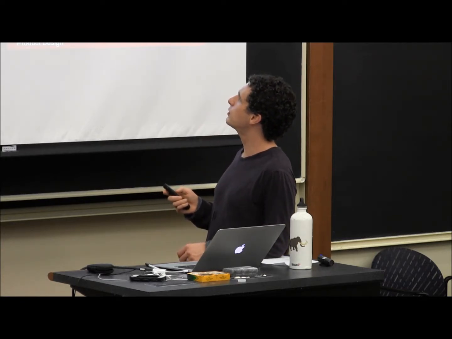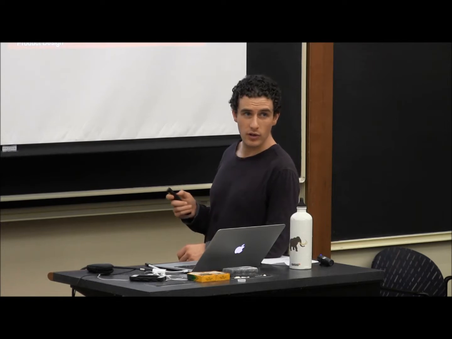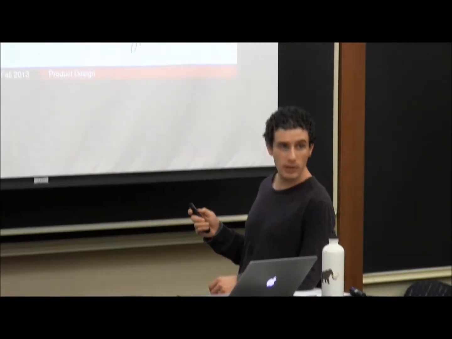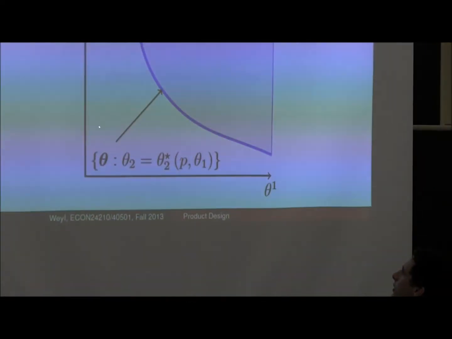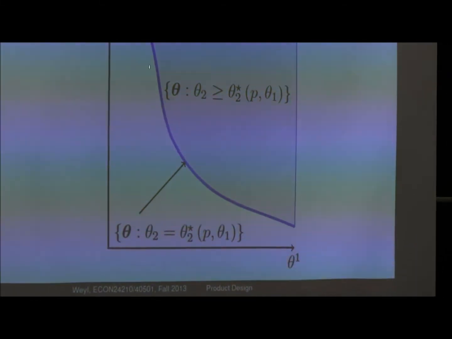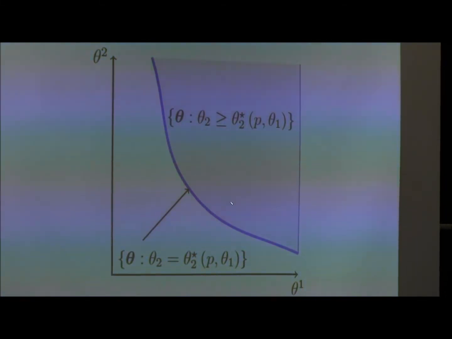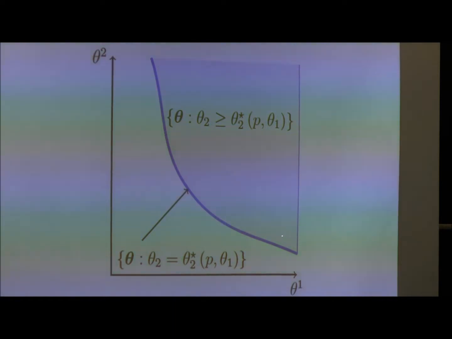So let me just show you visually what that looks like. If we had a two-dimensional type space, then the set of people who are going to be participating are going to be those that are above some decreasing threshold here. So for any value of theta 1, it's people who have theta 2 above that level that are going to participate. And then marginal people are going to be ones who are exactly along the boundary between those two sets.